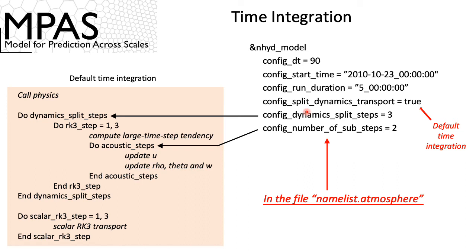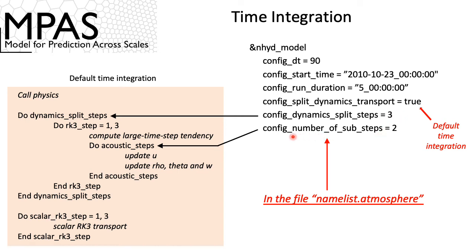The other two configuration parameters you'll find are config_dynamic_split_steps, which is how many steps of each Runge-Kutta integration are needed to advance the dynamics to equal one scalar transport step, and the default for that is 3.